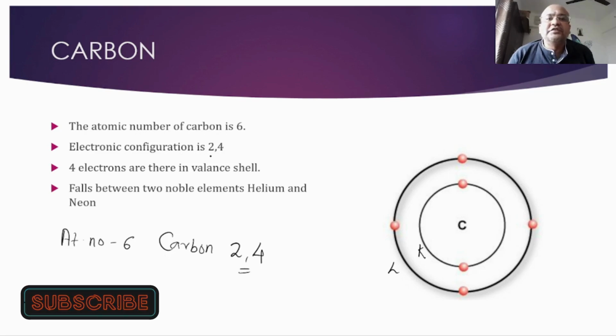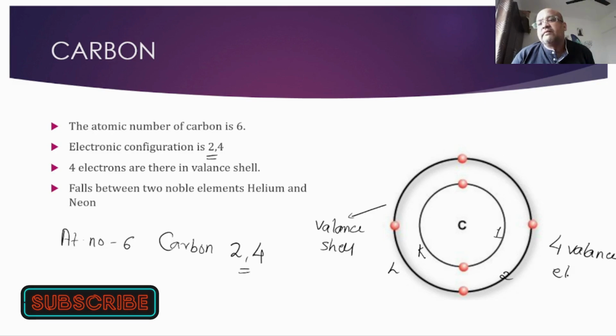So the electronic configuration of carbon is 2, 4. That is, shell 1 has 2 electrons and shell 2 has 4 electrons. The valence shell, that is the outermost shell, has 4 valence electrons available.